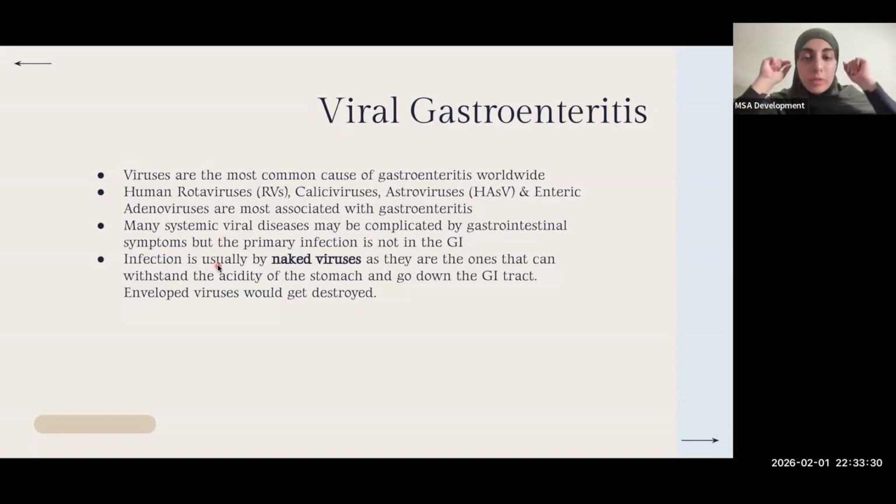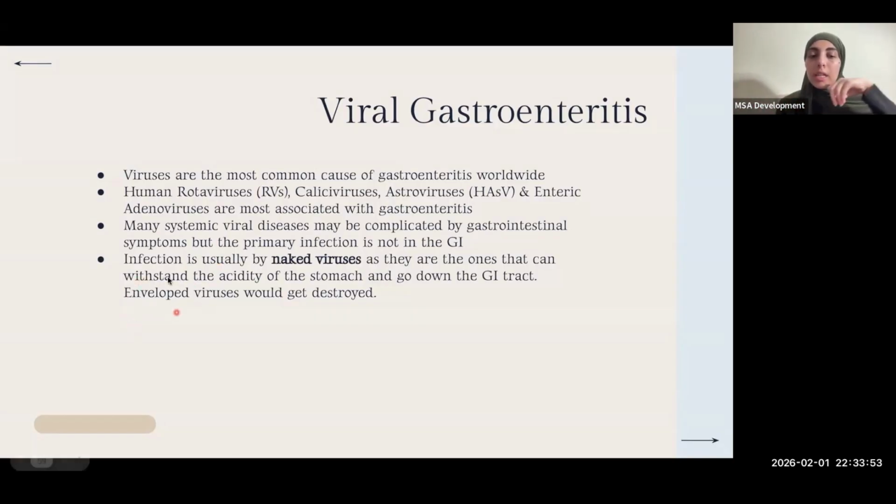Now, a very important feature of any virus that causes gastroenteritis is that it has to be a naked virus, because if it's enveloped, the envelope is very weak. Think of it like the normal envelope that you send in the mail, it's paper, okay? Paper is weak. If it goes into the stomach, into the acid, it's gonna get destroyed.